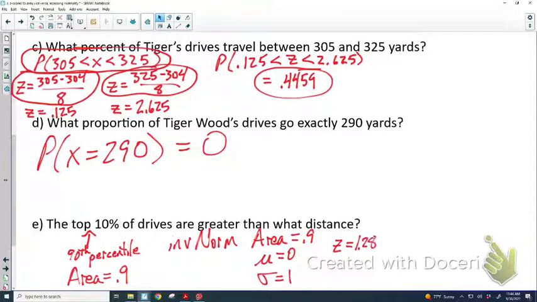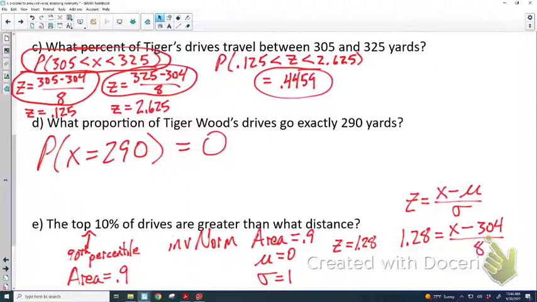And now you got to do some algebra and figure out what drive length represents a z-score of 1.28. So if this is my z-score, I need to solve for x. So I multiply both sides by 8. Then let's add 304.